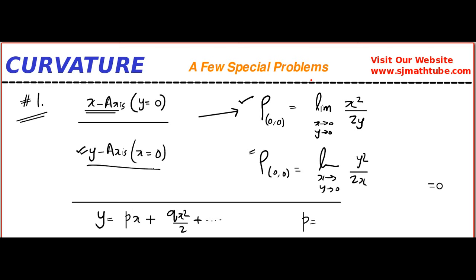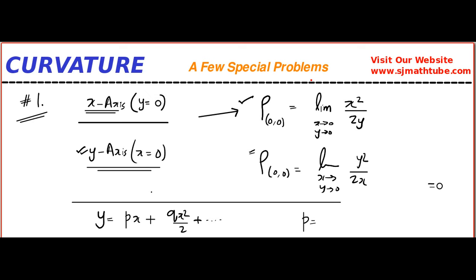Similarly, if the y-axis is a tangent to the given curve, then the radius of curvature at the origin is given by Newton's formula: limit x tends to 0, y tends to 0, y square by 2x.